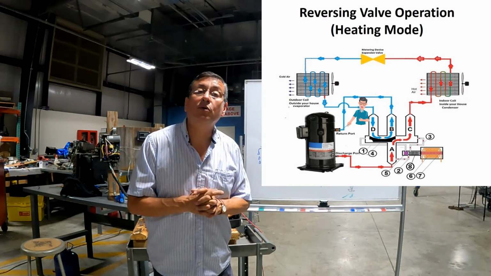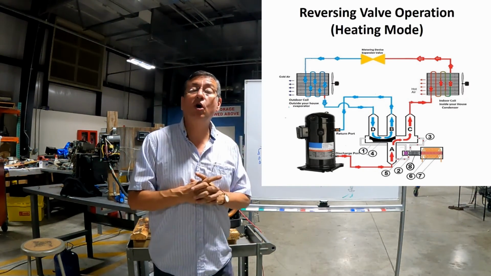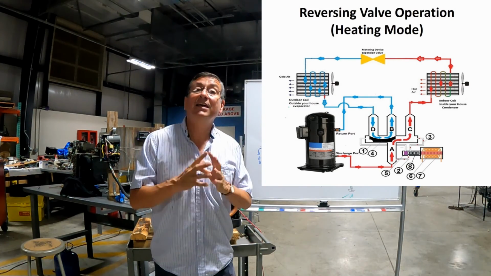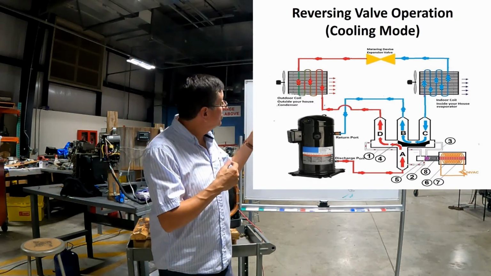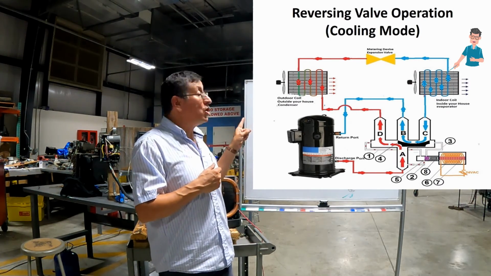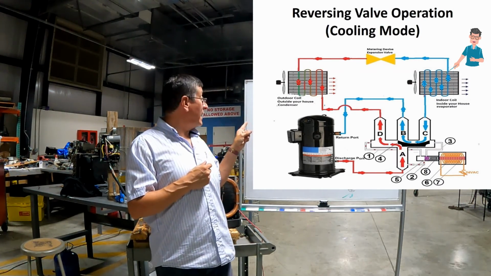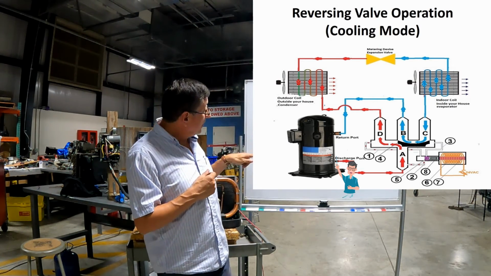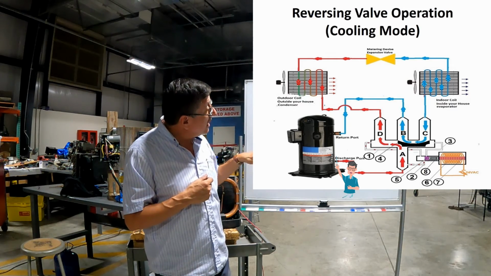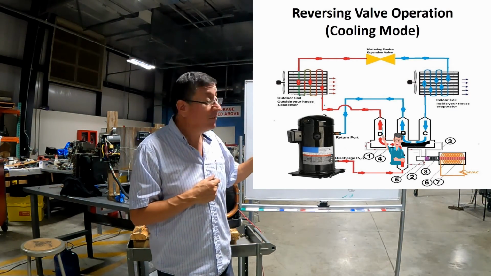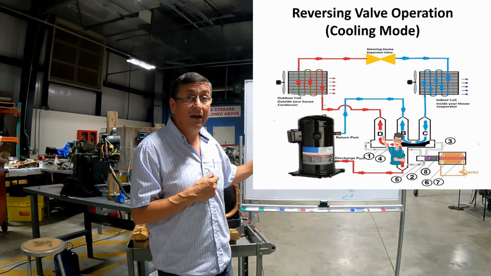This is the heating mode, because the indoor coil is working like a condenser. In the other mode, the indoor coil is working like an evaporator. In the discharge of the compressor, the refrigerant goes out and passes to the Y valve, because the position of the metal in the Y valve is on this side.